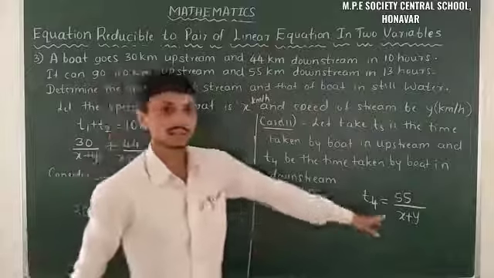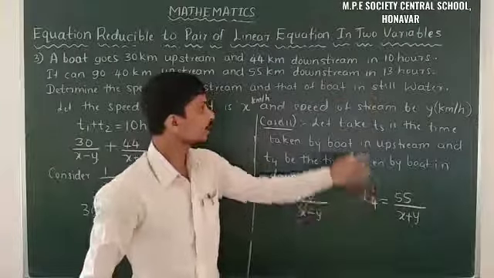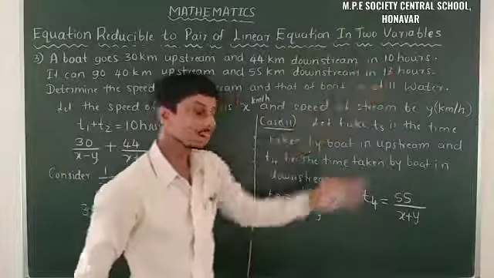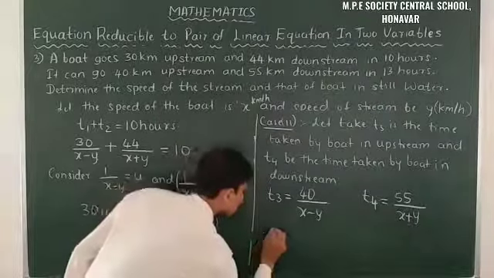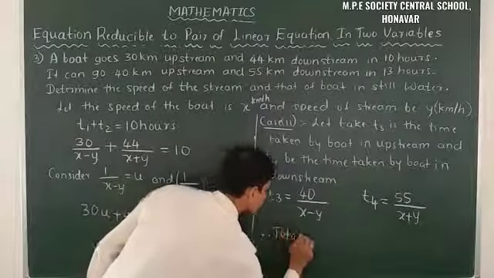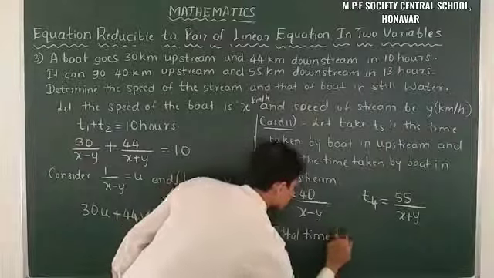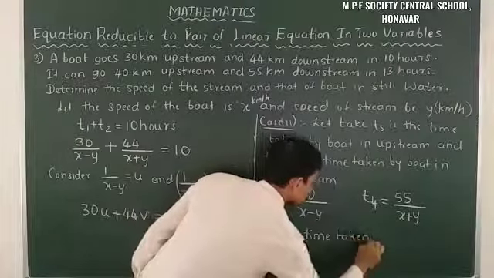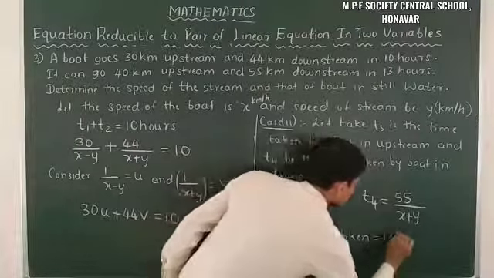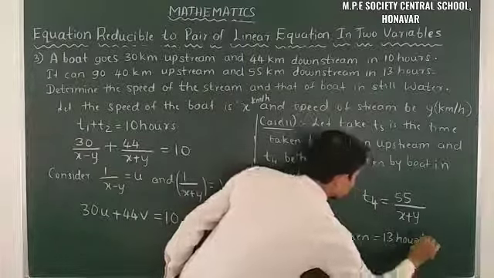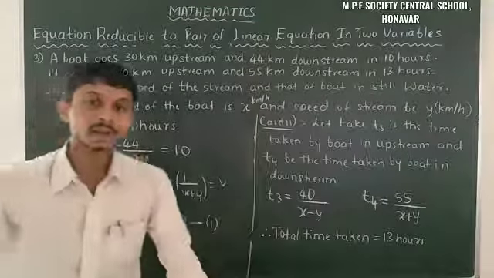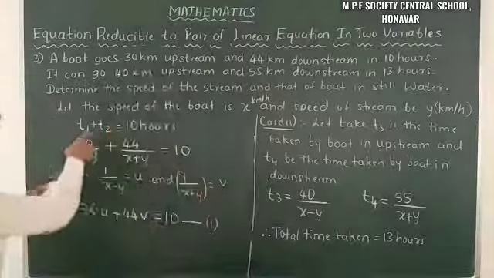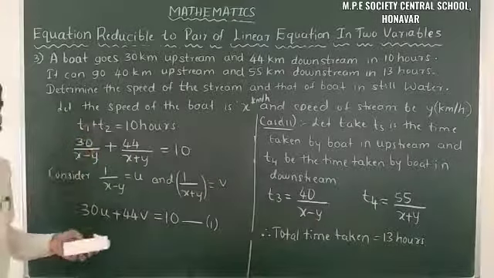So T3 and T4. What's the total time taken here? Total time taken is 13 hours. Likewise, we have to take T1 plus T2 is equal to 13 hours.